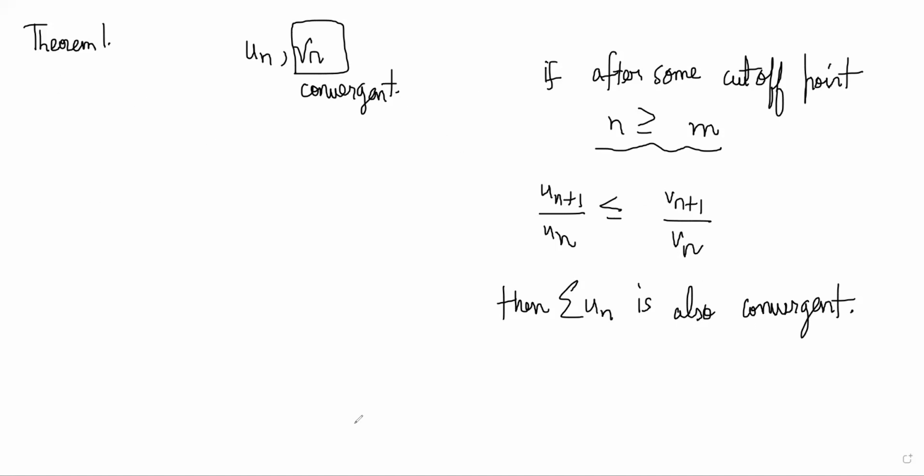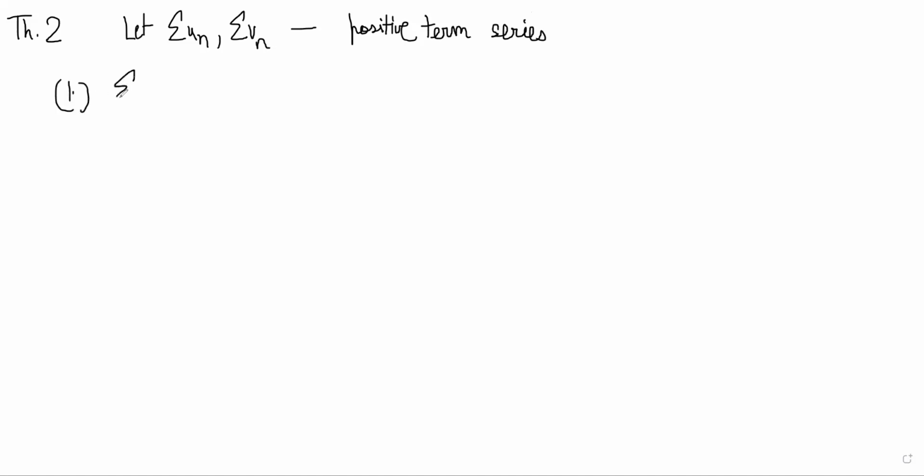Similarly, there is an opposite version of this, which is theorem 2, for divergence, where we say let un, vn be positive term series, and we know that the vn series is divergent.